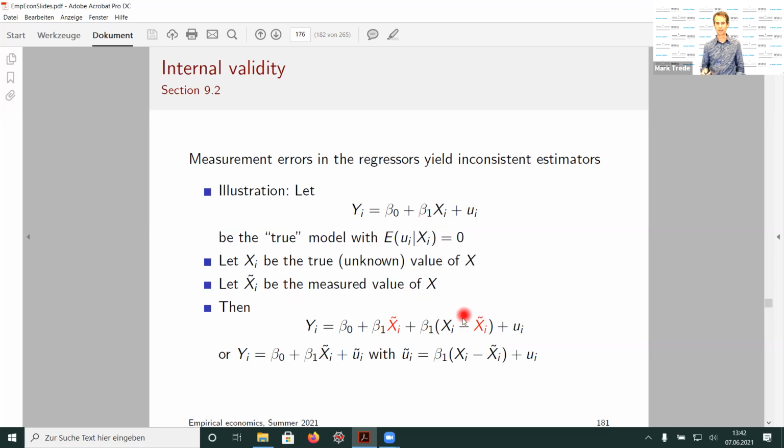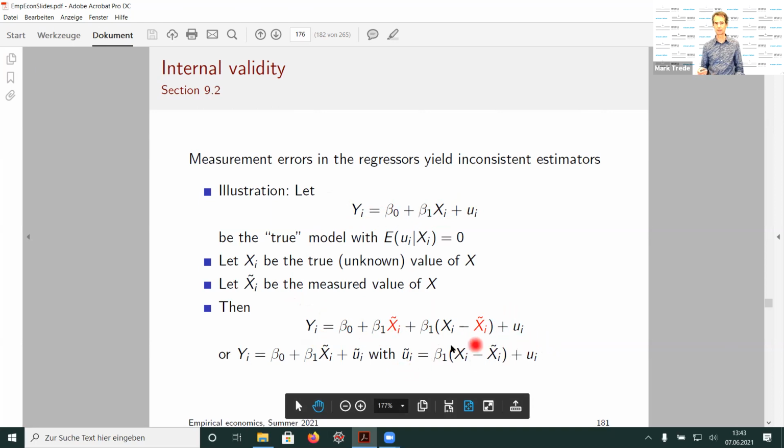And we rewrite that and say that we have y_i as a linear function of the measured value of x plus, and we merge the entire rest into the error term u tilde. So that's the error term, including the effect of the measurement error. The term in brackets here, that's the measurement error. It's the difference between the true and the measured value.